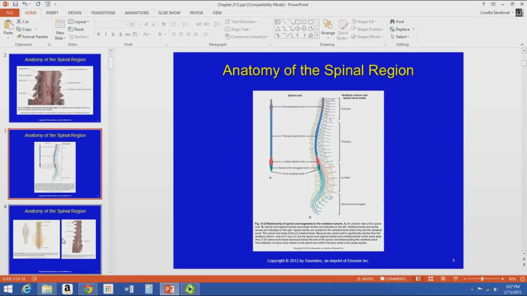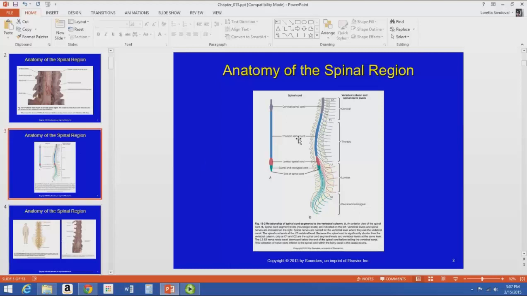Okay, so the spinal cord itself is contained within the vertebral column. The only part of the spinal cord segments that line up exactly with the vertebra that goes with them are in the cervical spine. Once you get a little bit lower, the spinal cord segments are a little bit higher than their individual vertebra.